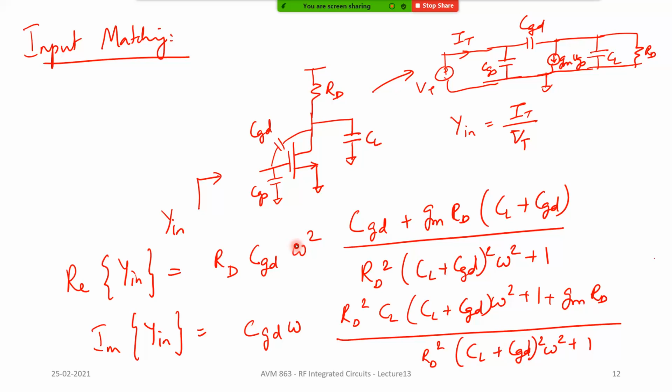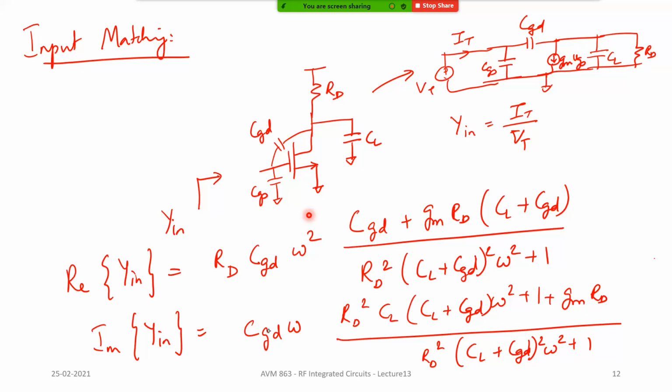In other words, the input impedance, the real part is very high at lower frequency, which is why you say the input of a MOSFET is capacitive in nature. But as omega increases, the real part of Yin also increases, which means the real part of Z impedance starts dropping. So the real part starts coming into the picture as you go up in frequency. So when you reach RF frequency, the real part starts showing up.